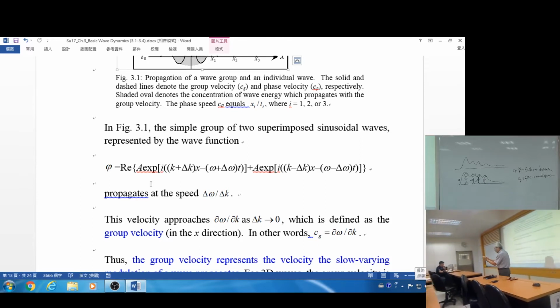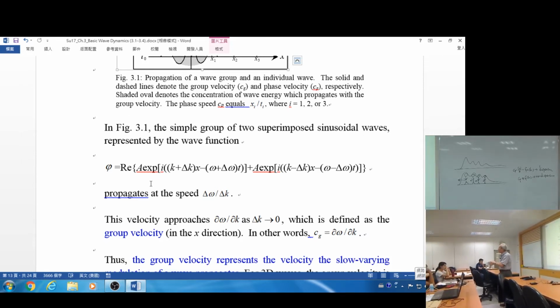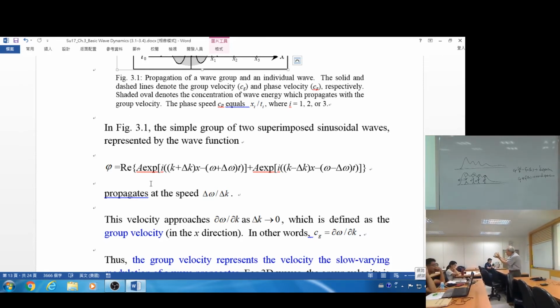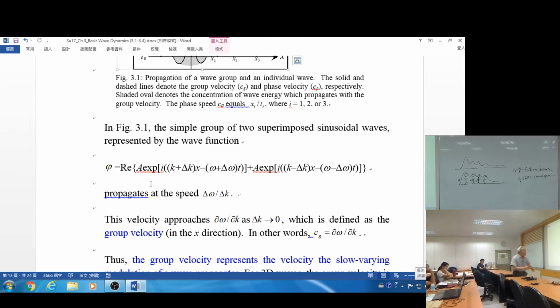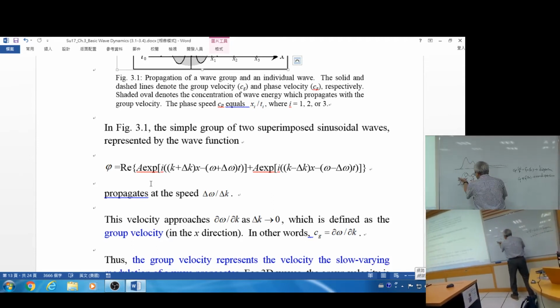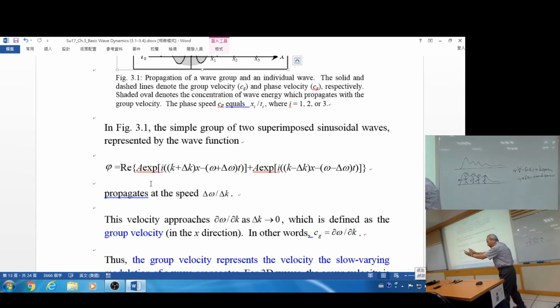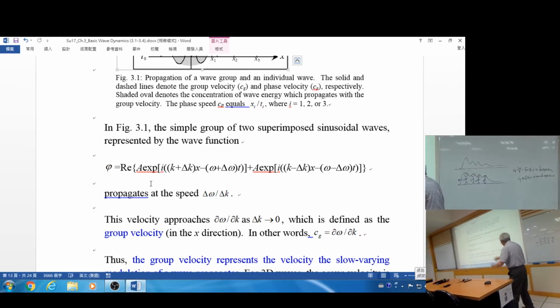So to check dispersive or not, there are two ways. One is to check whether the phase speed is a function of k or not. The other way is to see whether the whole group propagates at the same speed as everyone. Group velocity is the whole group propagating, and phase speed is the individual one.